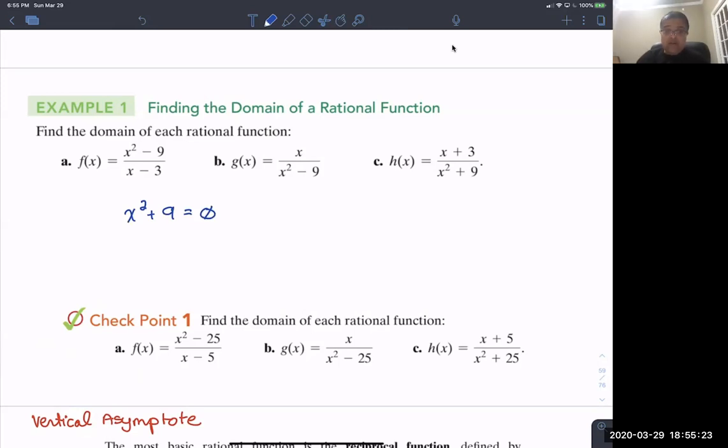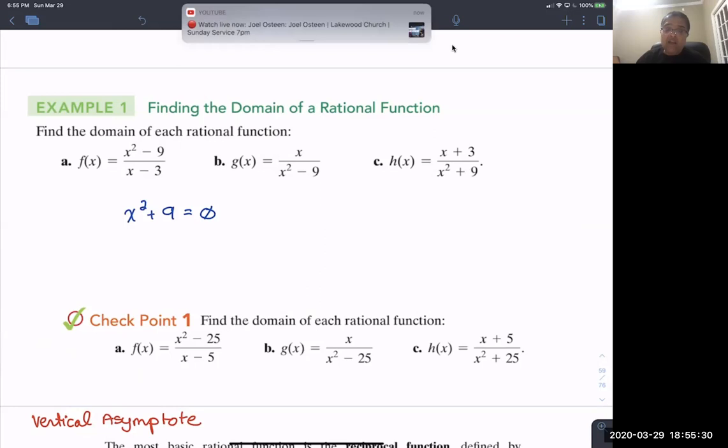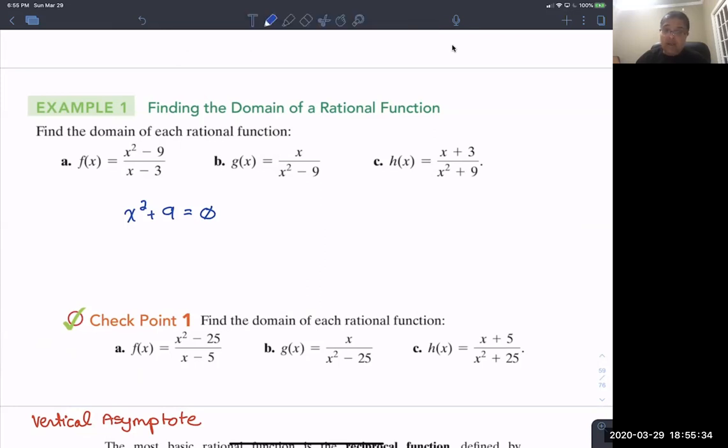Well, there's a problem here. x squared plus 9 is not a factorable quadratic. Now, you can use the square root property by moving 9 to the opposite side and get x squared equals negative 9. And as you remember, you can't square something and get a negative number. You can, but you get an imaginary solution. So we're only dealing with real numbers.